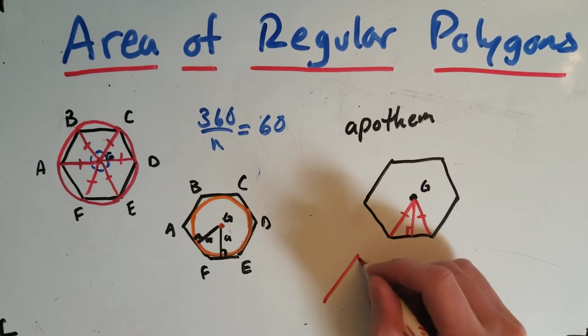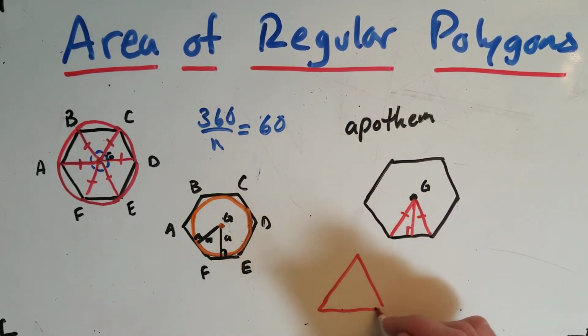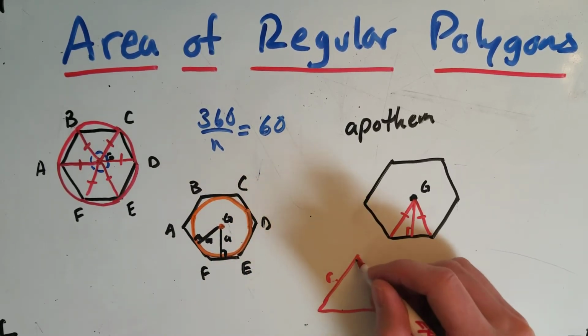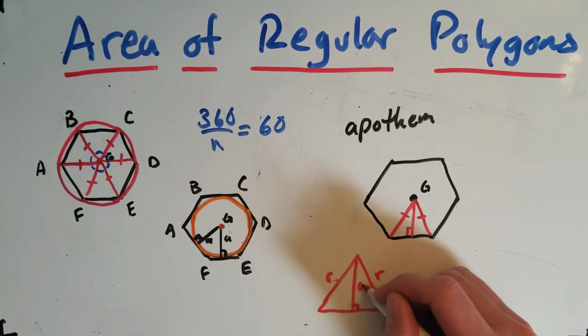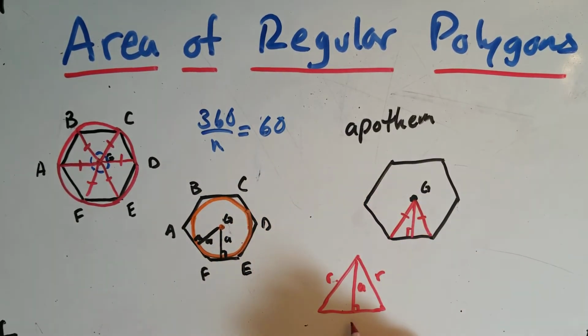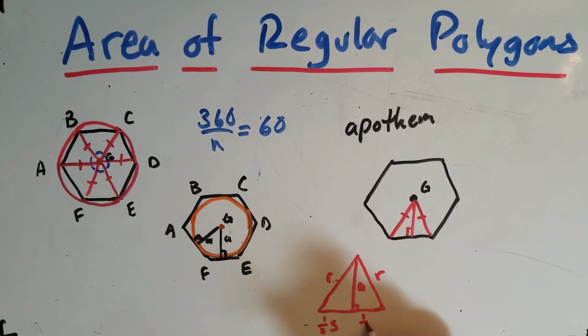If I take this isosceles triangle that we drew, this would be a radius, this would be a radius, this is the apothem of the, in this case, hexagon, and down here, the whole length is the side, so each one of these is going to be half of a side measurement. This can all be really useful when trying to find different measurements.